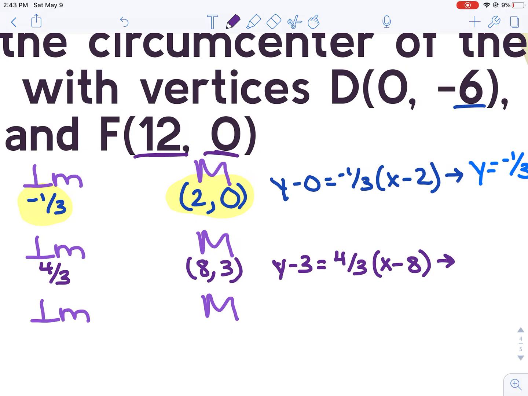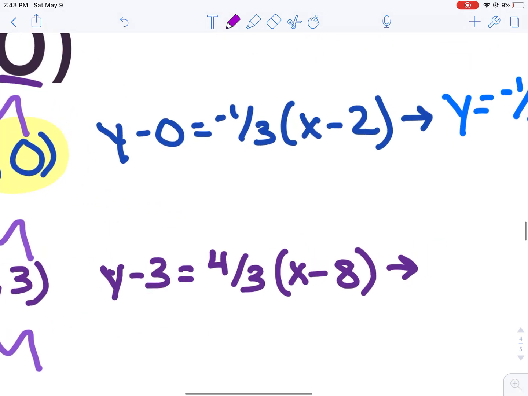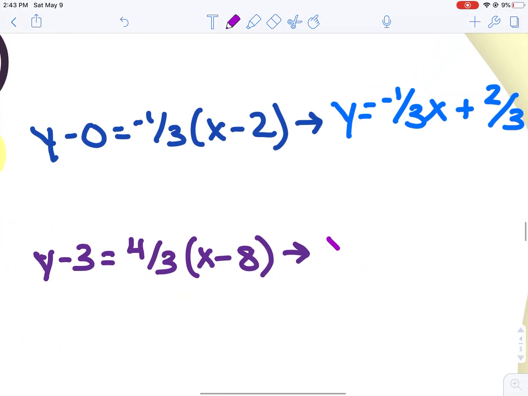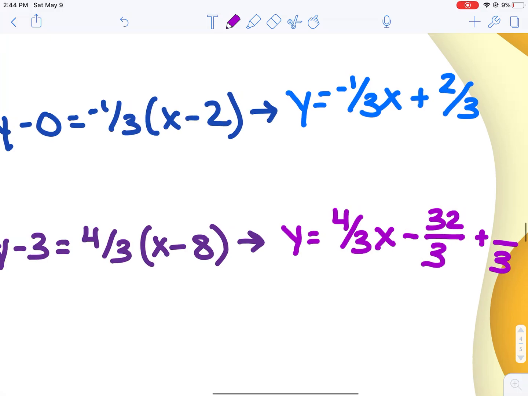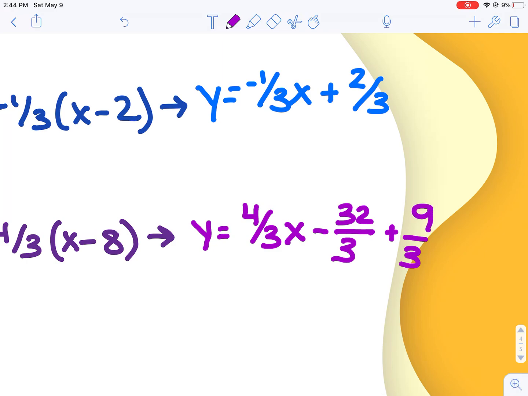And I'm going to distribute and add on that 3. So this equation becomes y equals 4/3 x minus 4 times 8 is 32. So I'm going to leave it as 32/3. And then I'm adding on 3, but I'm going to think of it in terms of thirds so I can combine like terms. 9/3 is the same as 3.